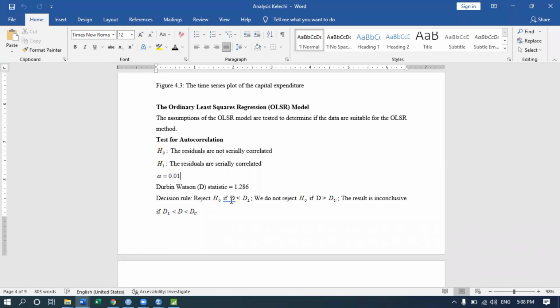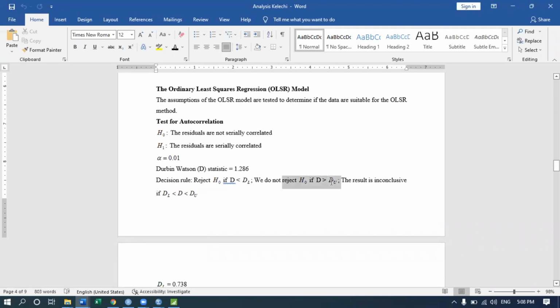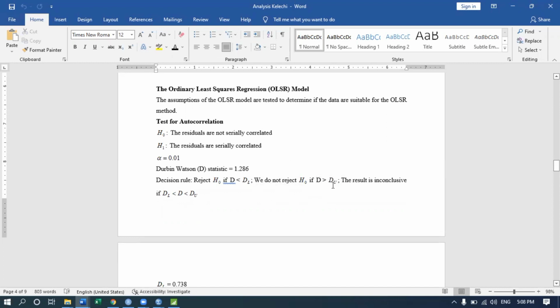We are not going to reject if the Durbin-Watson statistic is greater than the upper limit of the tabulated Durbin-Watson value. Then we say the result is inconclusive if the Durbin-Watson statistic is between the lower limit and the upper limit of the tabulated Durbin-Watson value.